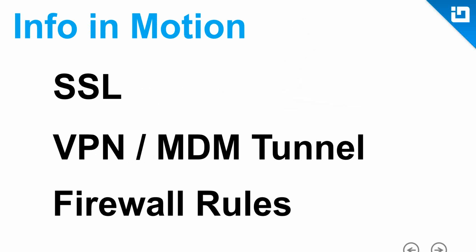And finally, firewall rules. So it's just not enough to handle SSL, VPN, or MDM tunnels. In large corporations, in just about every sector, more and more we're seeing other appliances in between the corporate network and the outside. So these are firewalls, and other types of pieces of network equipment that are capable of examining who's coming in and ensuring that they're only being routed to the appropriate resources.